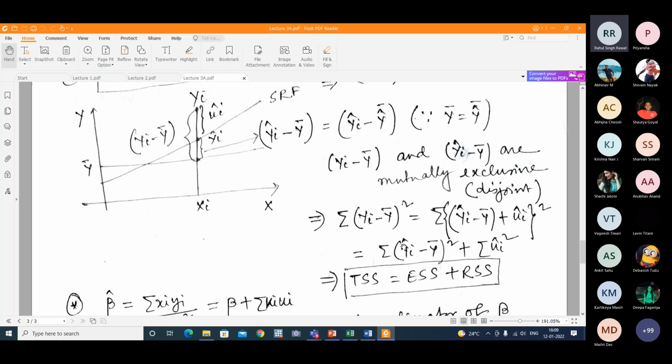So a square plus b square plus 2ab. Now what will be your 2ab? What will be the 2ab? 2 into summation of Y hat i minus Y bar into u hat i. Now from this graph itself, mathematically also we can prove. But from the graph itself you can see these two are actually mutually exclusive.